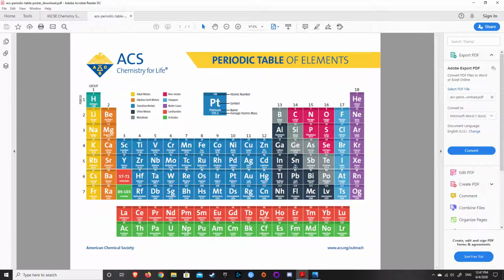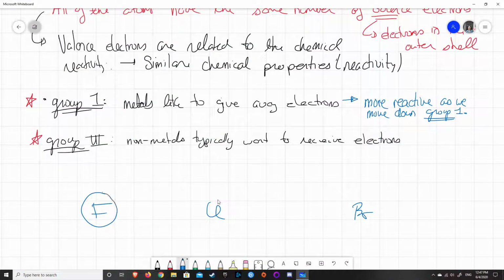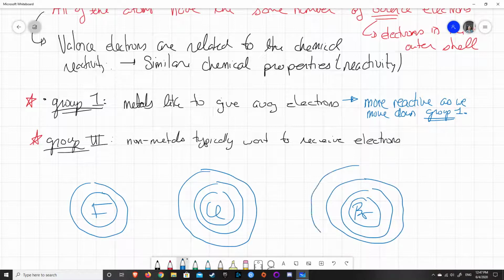So fluorine's got 2 layers, chlorine's got 3, bromine's got 4. So 2, 3, and 4. And remember, like we said, nonmetals like to receive electrons. They like to take electrons.